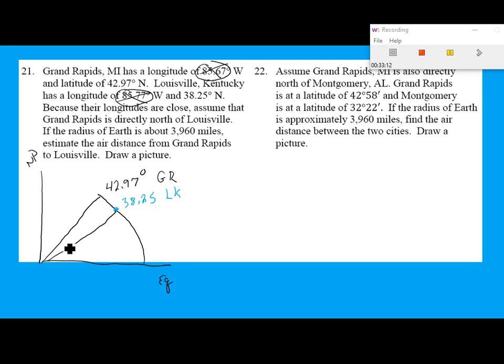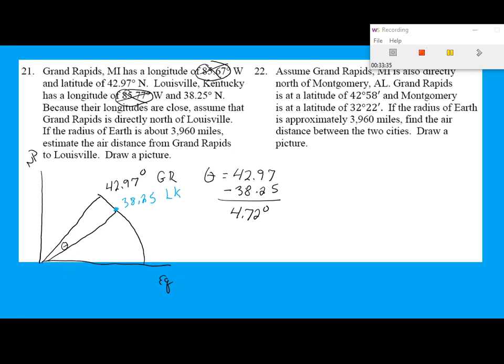Well, step number one, I need to figure out what the angle is that I'm working with. Well, to get the angle, I'm going to go 42.97 minus 38.25. So it looks like that angle is 4.72 degrees. So I know the angle that I'm working with is 4.72.